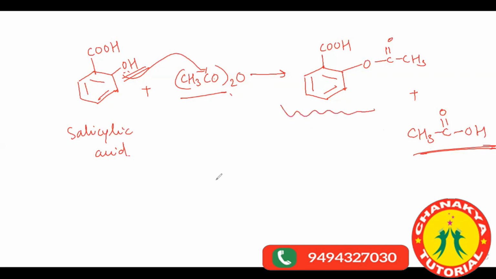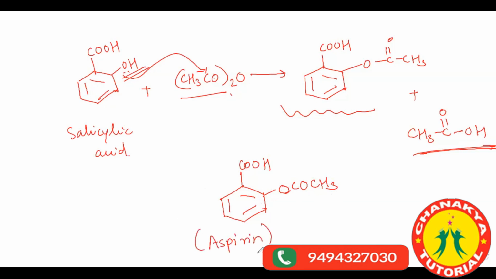In another way, how are you going to represent it? This is your phenol ring with salicylic acid. The carboxylic acid you are going to write here as COOH. Here it will be C, oxygen, carbon, oxygen, CH3. This is the ester group which is newly introduced. This is acetylation of salicylic acid, and hence you will get the product aspirin.